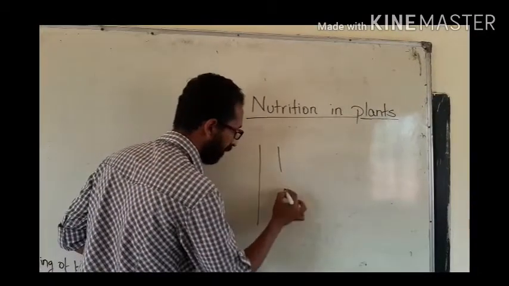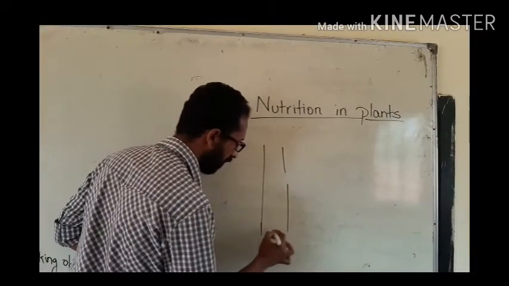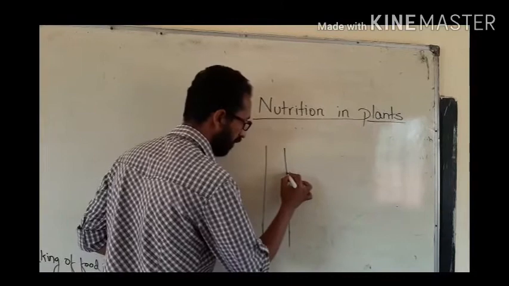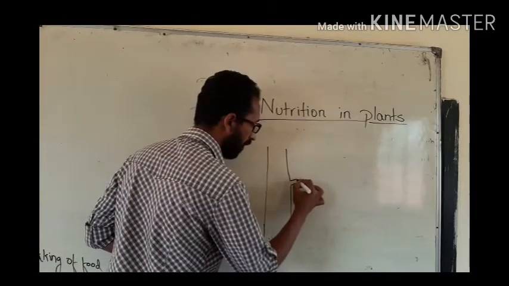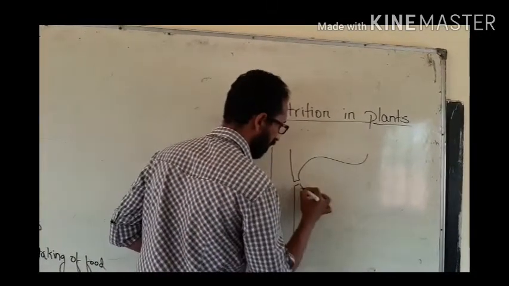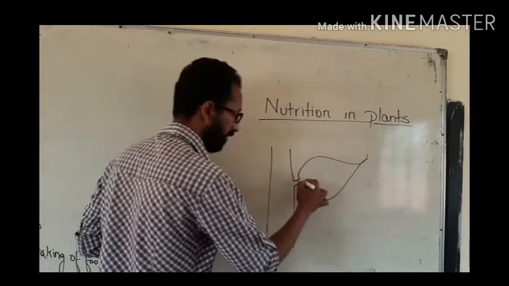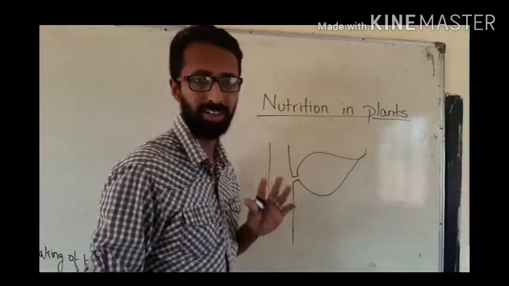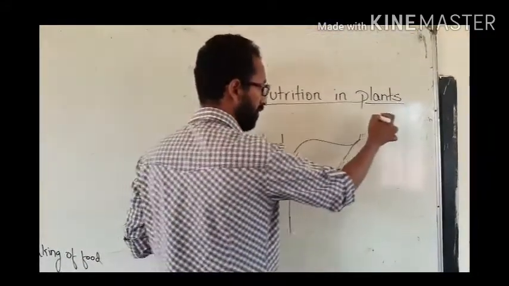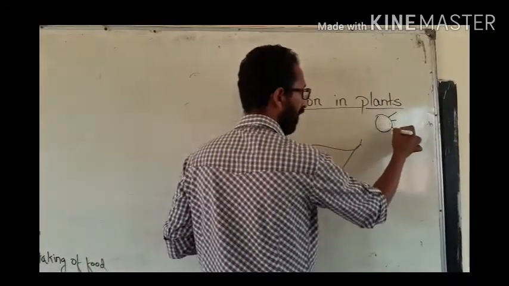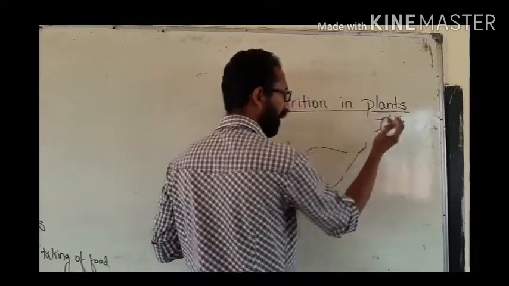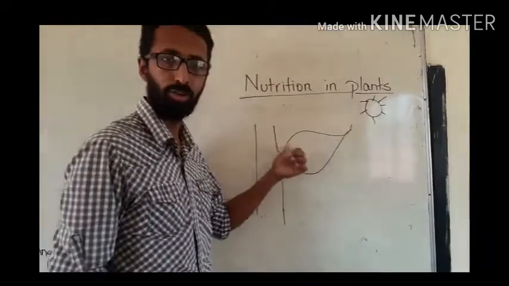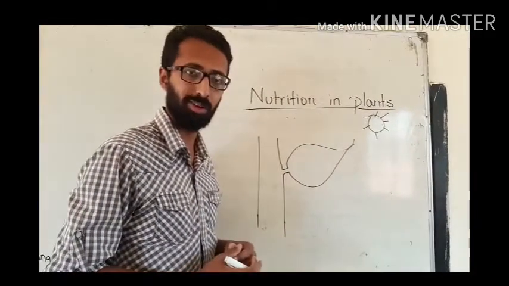Let us take an example in which I will draw a plant which has a leaf, and I have told you the four necessary conditions. First will be sunlight. Sunlight should be there so that the process of photosynthesis occurs.